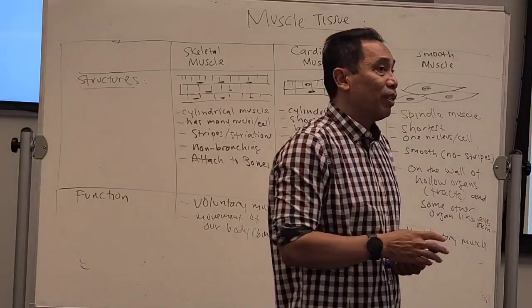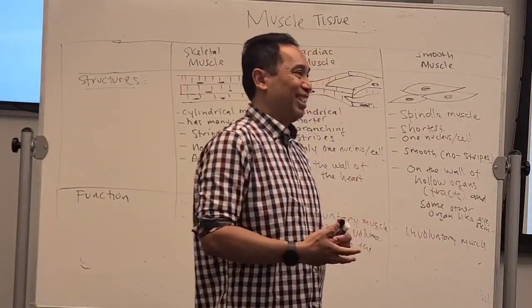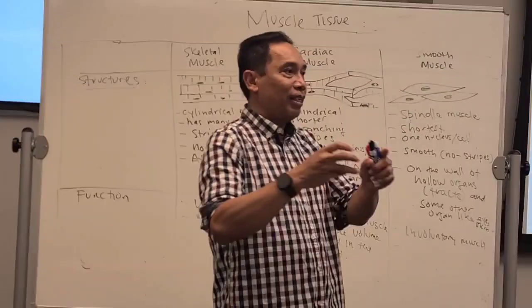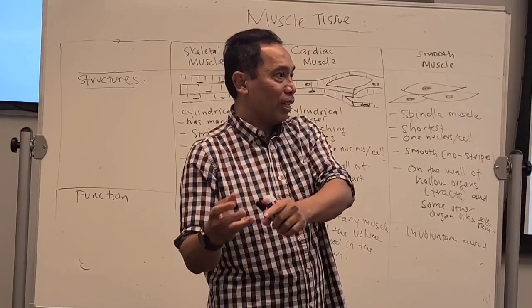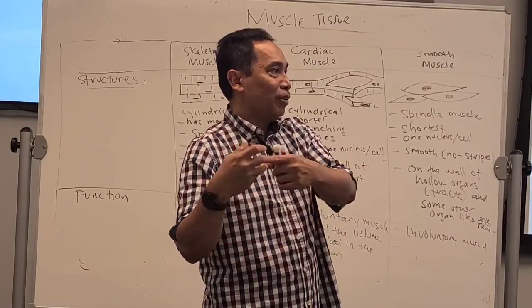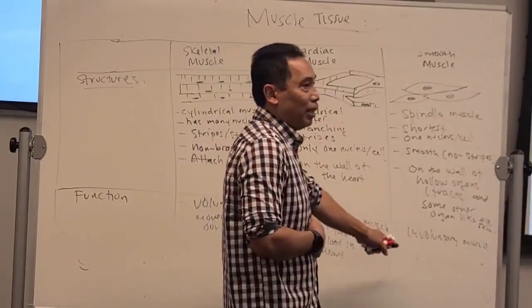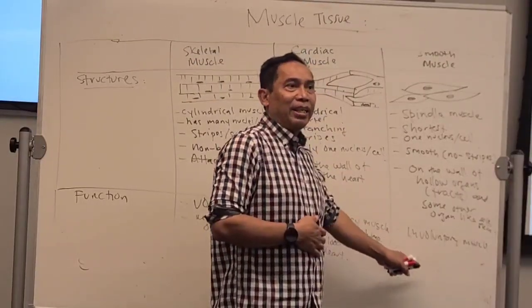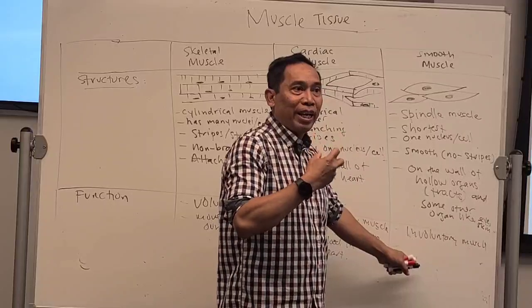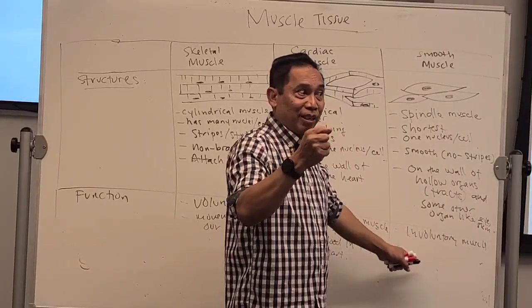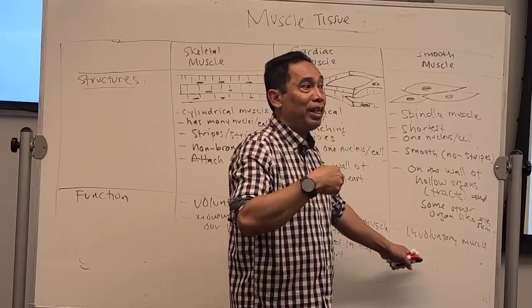In the GI tract, for example, it helps digestion. It moves the food from one organ to another organ, from the stomach to the intestine, and so on. Right? If it is in the respiratory tract, it will move the air in and out. Okay? That contraction will help you breathe.